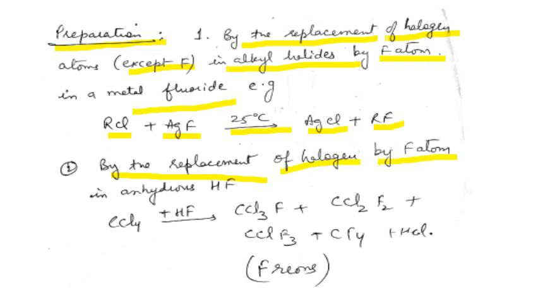The second preparation method is the replacement of the halogen atom by fluorine in anhydrous hydrogen fluoride, like carbon tetrachloride reacting in an anhydrous medium of hydrogen fluoride.